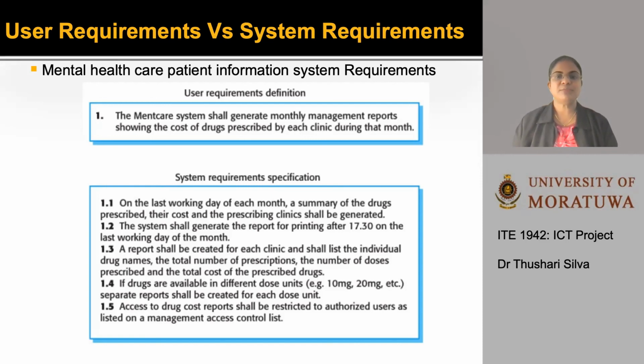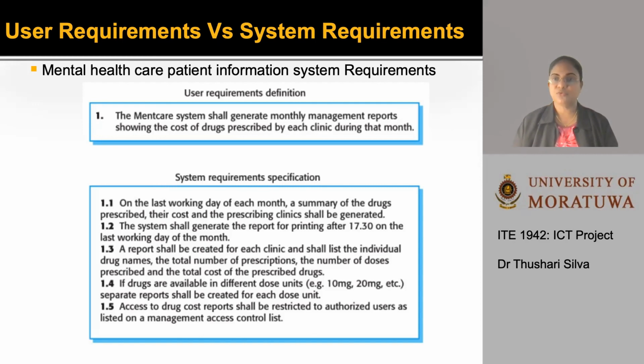Third one: a report shall be created for each clinic and shall list the individual drug names, total number of prescriptions, the number of doses prescribed, and the total cost of the prescribed drugs. So that is another requirement. You need to generate these reports based on each clinic, so a group by operation might be applicable here.